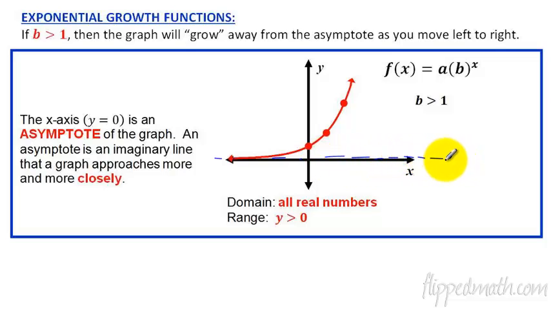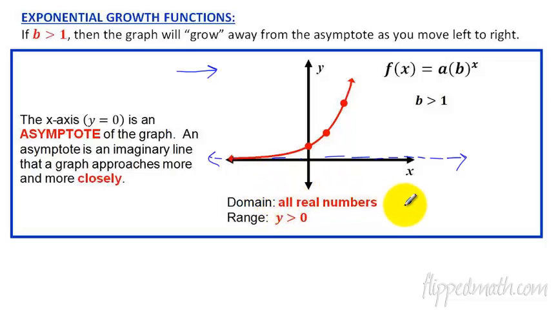This is some imaginary line. You don't see it, but it is a line that the graph is going to approach closer and closer to. We will talk a lot more about these in the next unit, Unit 10, with Mr. Brust. As you move left to right, the graph is going to be growing away from it if b is greater than 1.